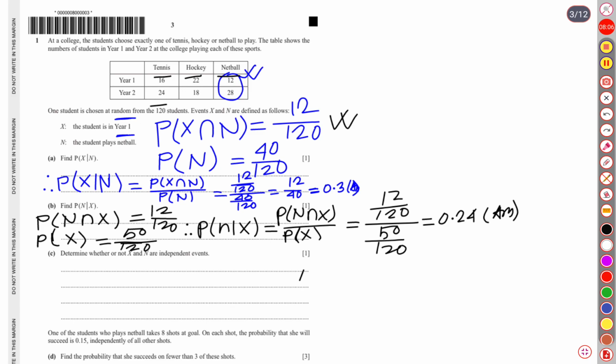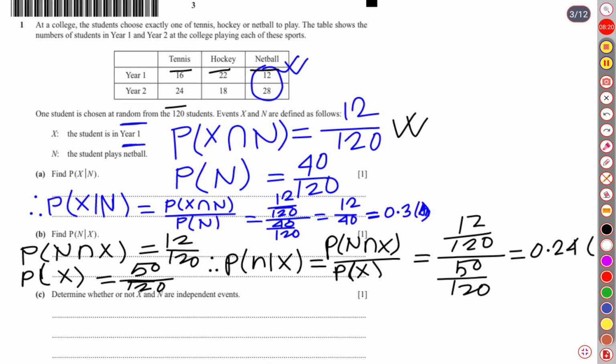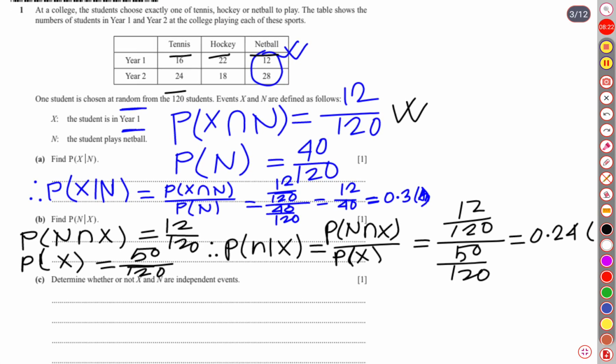Let's start reading part C. Determine whether or not X and N are independent events. So they have told us to determine whether X and N are independent or not. What is the formula?